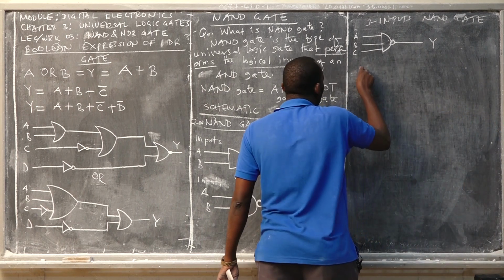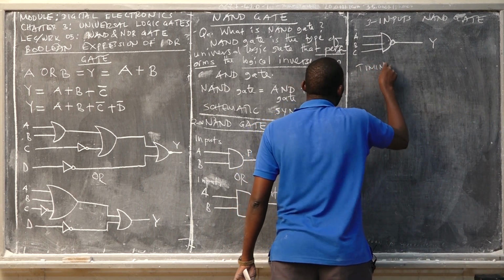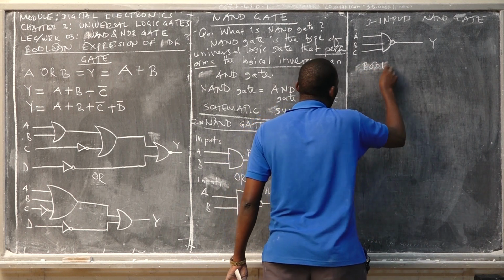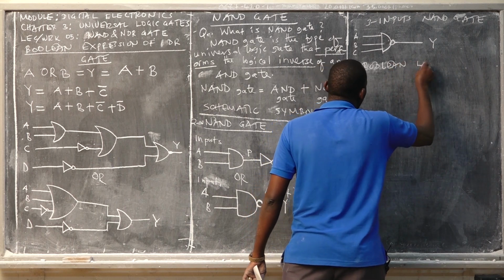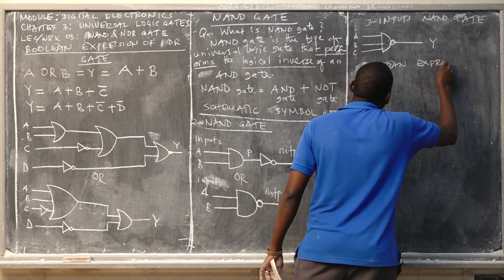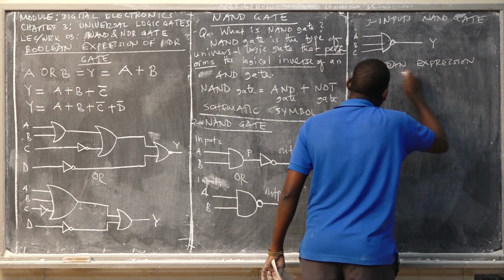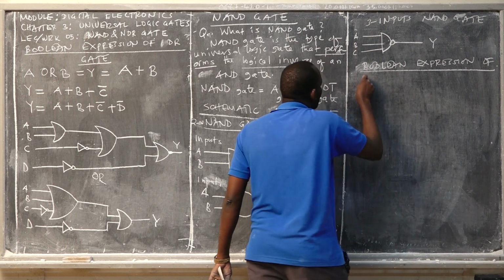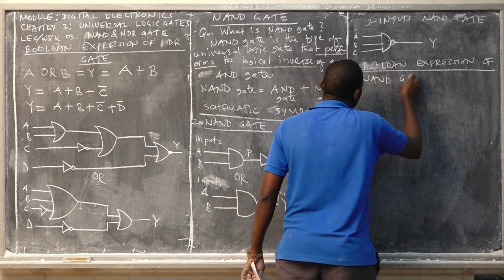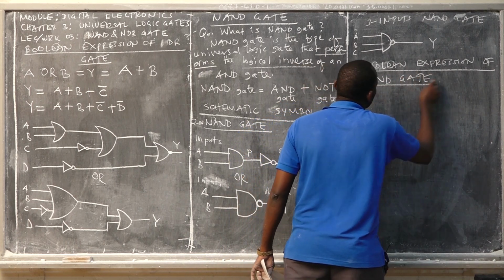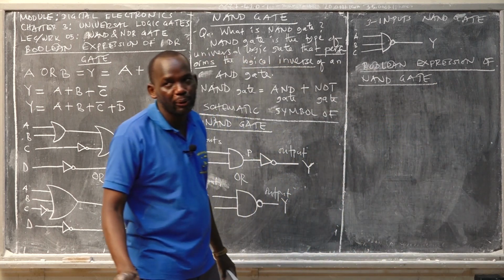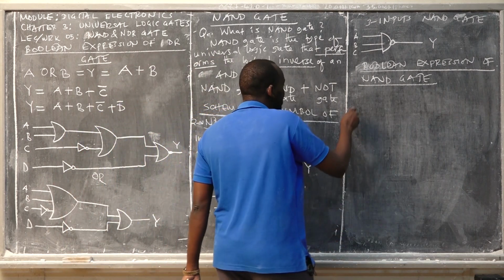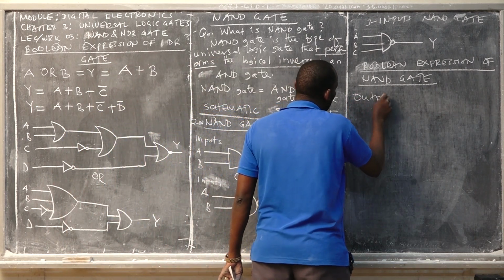Then the next important information, before we go for the timing diagram, is the Boolean expression of NAND gate. So the Boolean expression of the NAND gate is this one.